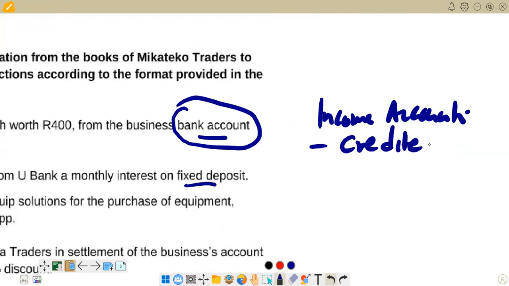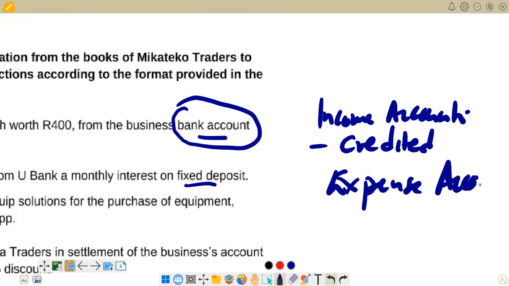And when we have expense accounts, we are supposed to debit them. So these are the normal entries that we make for income accounts and expense accounts. And here we are saying interest on fixed deposit is an income, so we are supposed to credit it. And then this interest is being received.